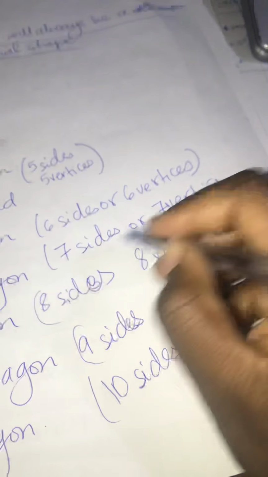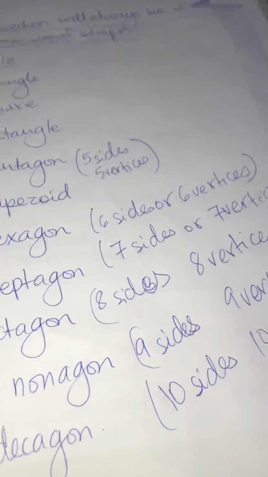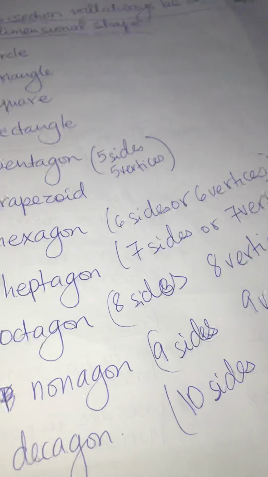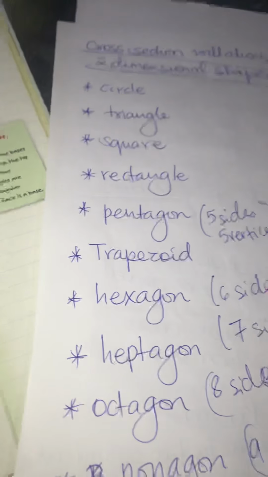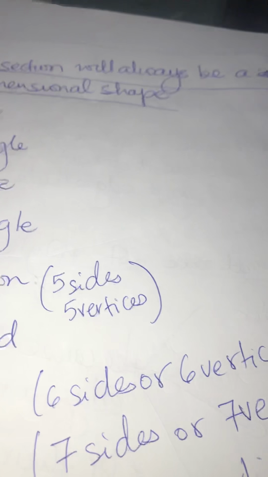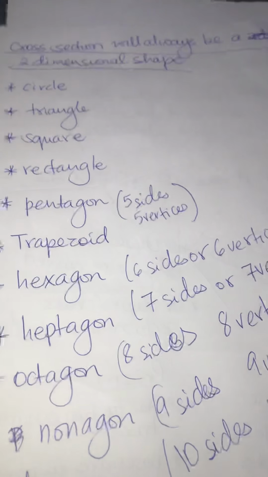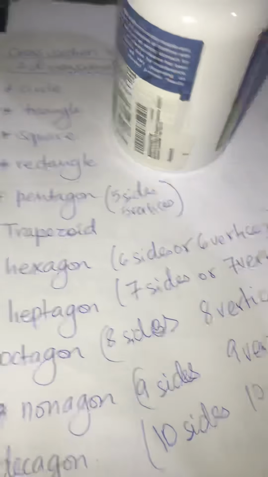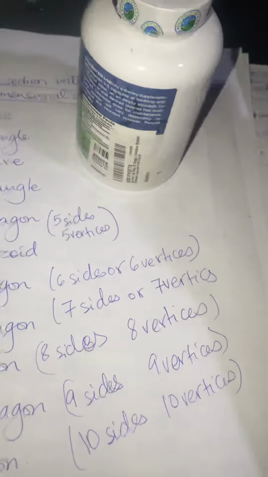Okay? So that is how you identify, and you need to know these names with correct spellings. So a cross section will always be two-dimensional. That means if I cut over here with a knife straight across, I will see a circle.